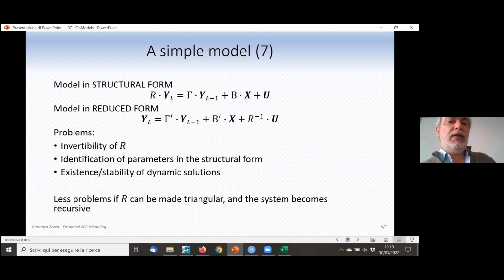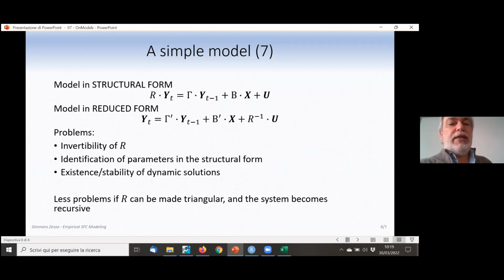And this is useful to understand a number of things. The first one is that the solution will depend on the invertibility of R. And this implies that you don't want to have linear dependencies among your endogenous variables.